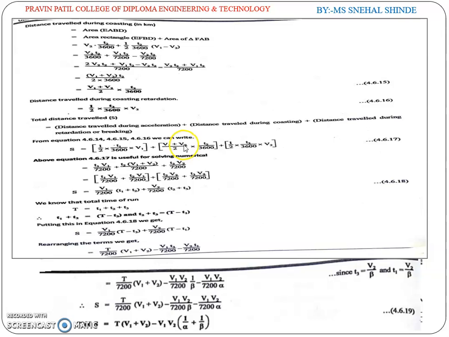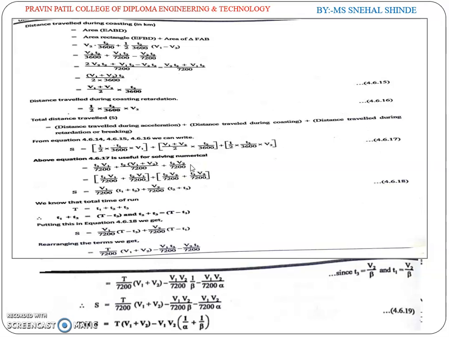Then plus V1 plus V2 divided by 2, again multiplying 2 into 3600, we get this equation. Again, perform the same as before: 2 into 3600 becomes 7200, and T3 into V2.